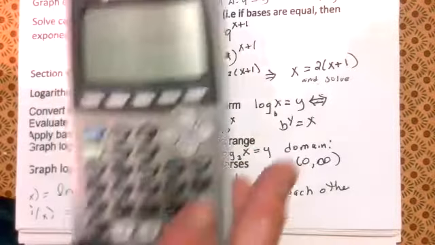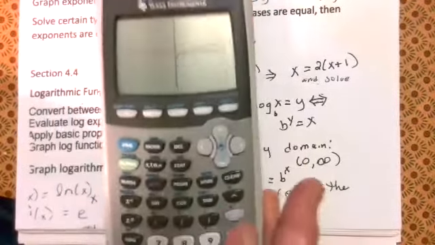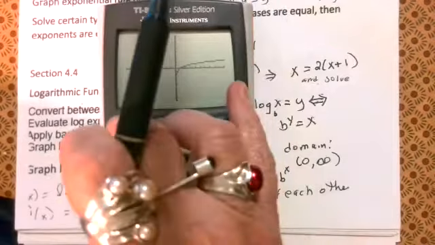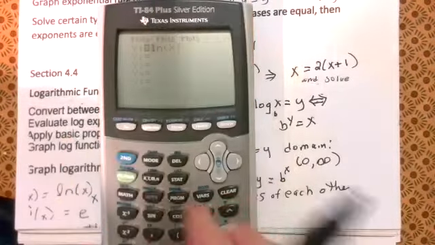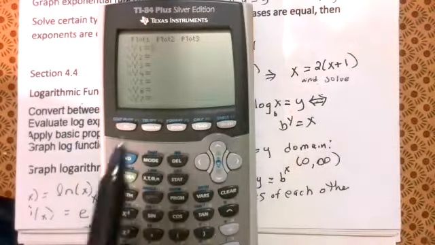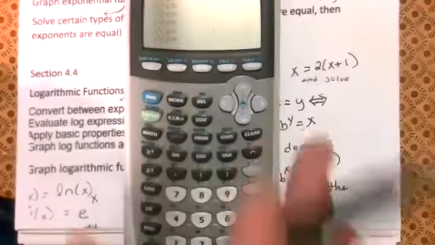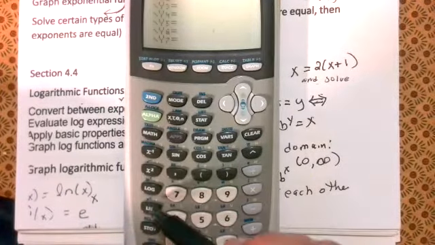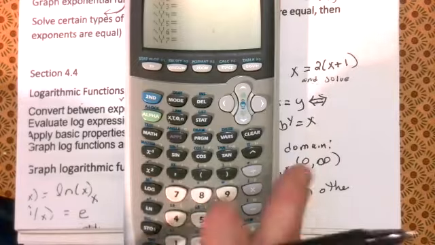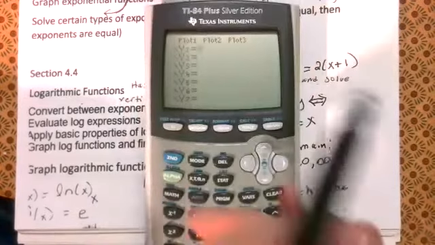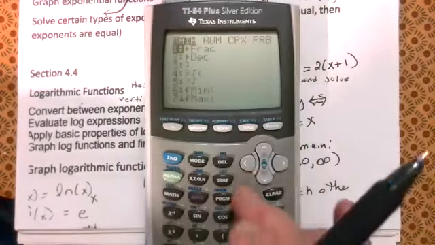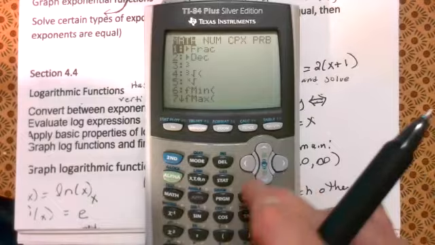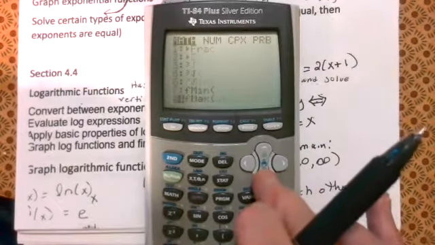Now, let me show y'all something. I think I showed it to you in one of the videos, but if you want to graph a log other than base 10, this button right here where it says log is base 10, and this is base e, the natural log. But if you want a different base, you can go to math, I believe.